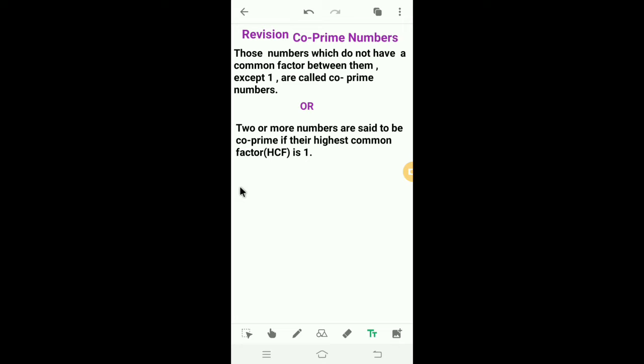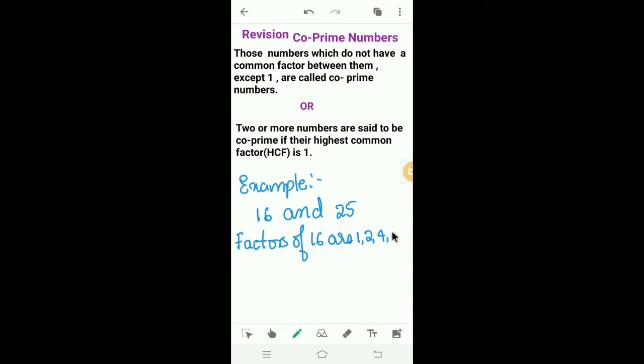For example, 16 and 25. First we have to write factors of 16. Factors of 16 are 1, 2, 4, 8 and 16.